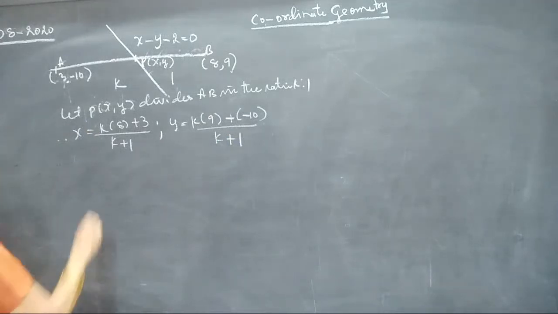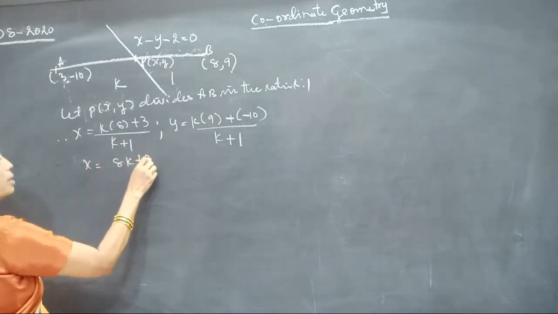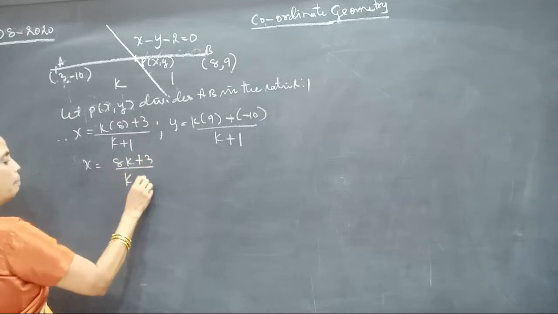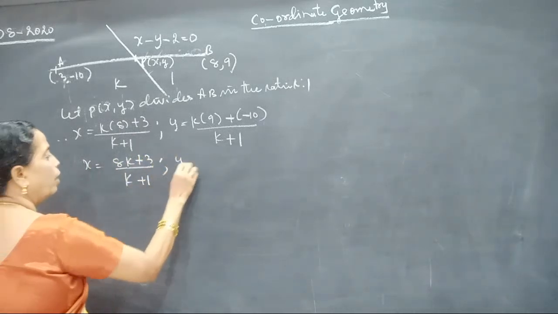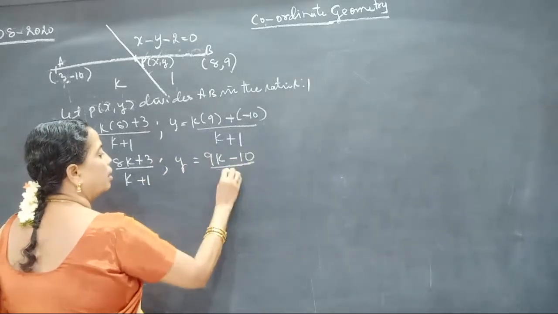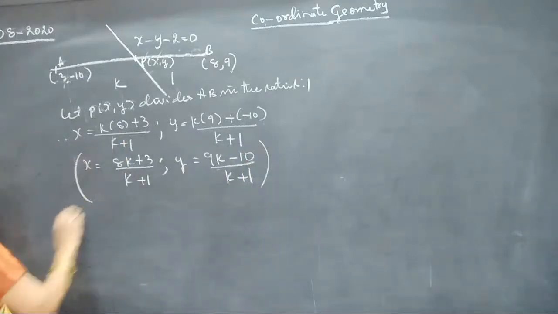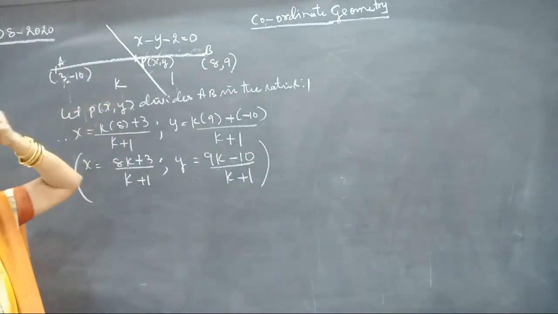Now let us get this. x is equal to 8k plus 3 by k plus 1, y equals 9k minus 10 by k plus 1. Substitute these values into the equation.